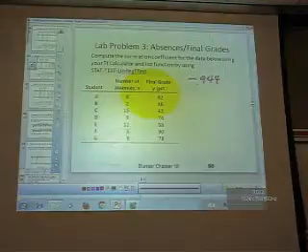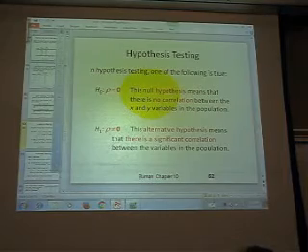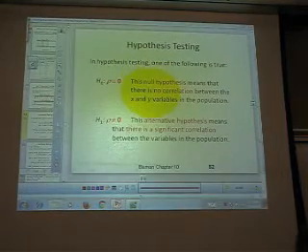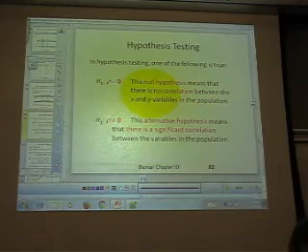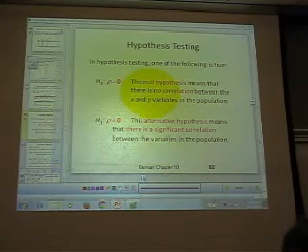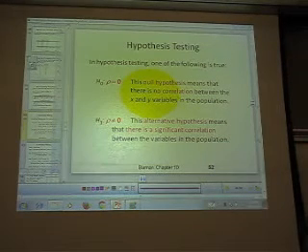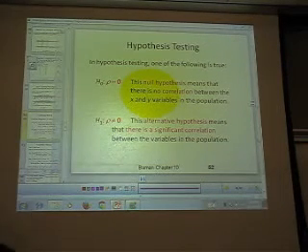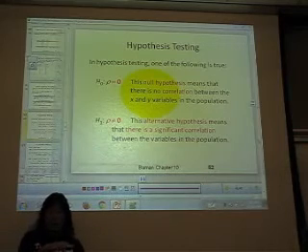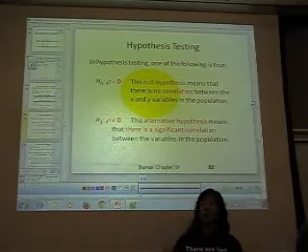I'm going to show you guys the steps of hypothesis testing for this. It's very basic. You can use hypothesis testing every single chapter from here to the end. So here are H0 and H1. H0 is always that something is equal, in this case, rho is equal to 0.